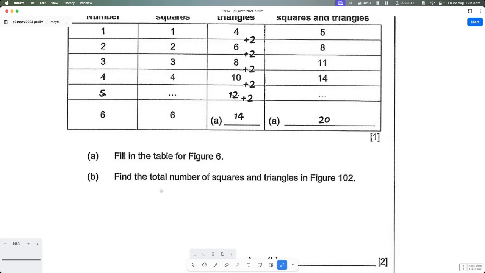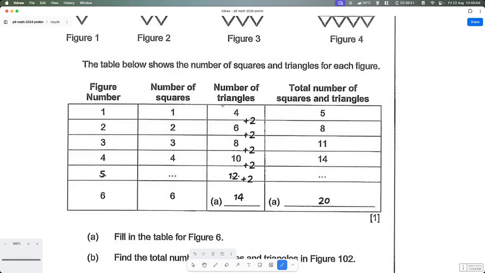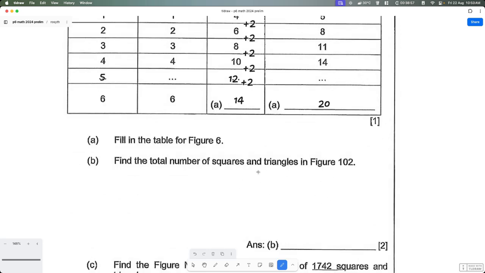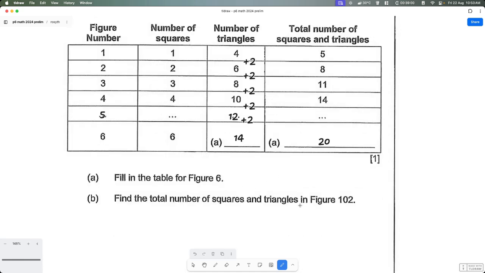Okay, next one. Find the total number of squares and triangles in figure 102. So for this, we want to know the pattern for squares and triangles in figure 102. So we know that if we can get the triangles, we just add to the figure number, you get the answer.